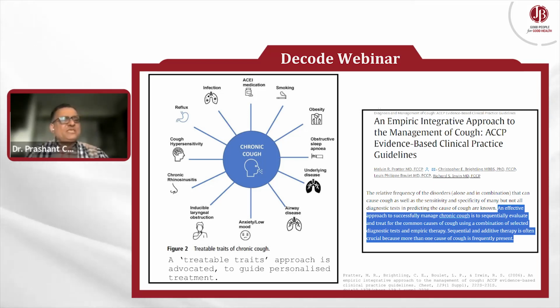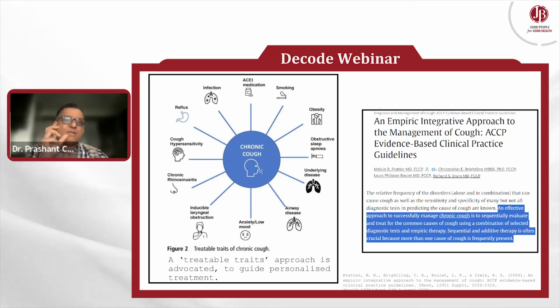Smoking is something which is there. Smoker's cough, we know is there, and it's somebody with COPD. You're treating the COPD with the guideline. Smoking cessation has to be undertaken. Obesity. Now, obesity is also linked to cough. If you have a crowded upper airway, they have reflux, they've got a continuous irritation of the upper airway, and if that is combined with sleep apnea, we know that sleep apnea, because of the irritation of the upper airway, they've got a very crowded upper airway, can be a cause of cough.